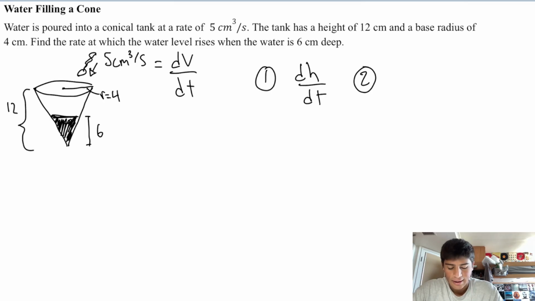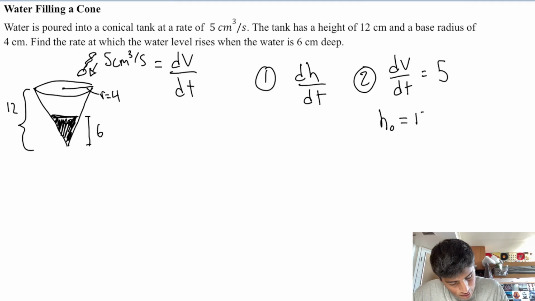And we're looking at the rate of change of that height. So, what do we know? Well, we know dV over dt equals 5. We also know that the big cone has a height of 12 and a base radius of 4.